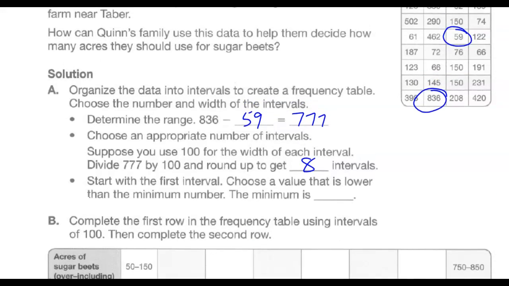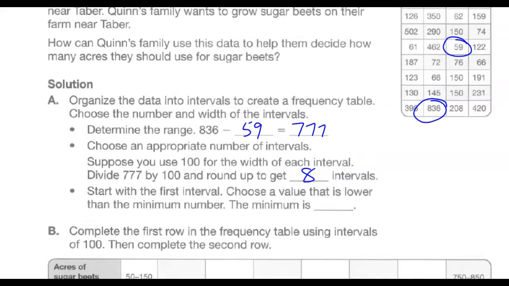Okay, and then we have to decide what to start at. We typically don't want to start at sort of a weird number like 59. You want to include 59, so something a little bit less than it, but a nice number. By nice, I mean like 50, hundreds, even tens. In this case, I would start at 50.